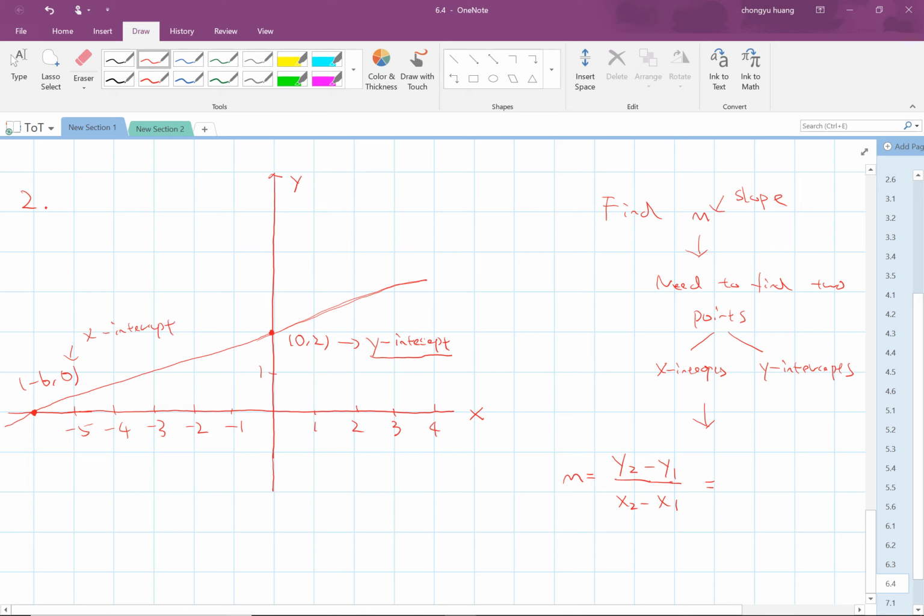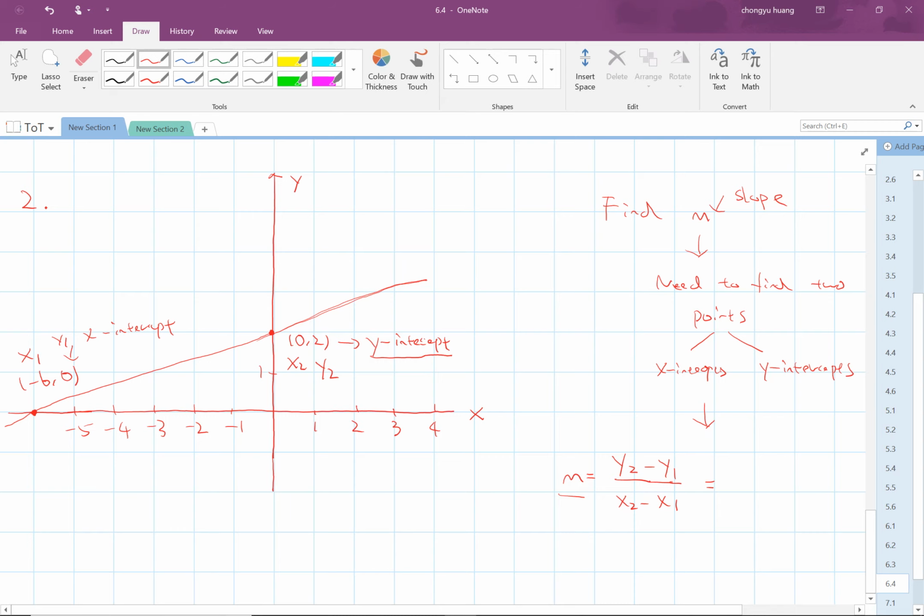Okay, so now we've already found the x-intercept and the y-intercept. So now we are ready to find the slope of it, right? As I mentioned before, the order is really important. So we have x1, and then x2, and then y1, and then y2.